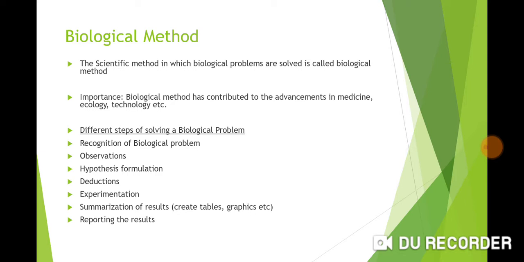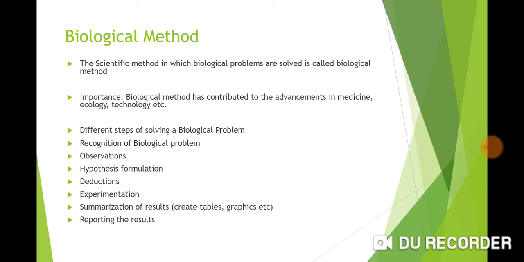How we get across a problem and how we use different methods scientifically to recognize it, to observe it, to find a solution to it, and deduce a specific outcome for it. So, an act of solving a problem in a scientific way is known as a biological method.